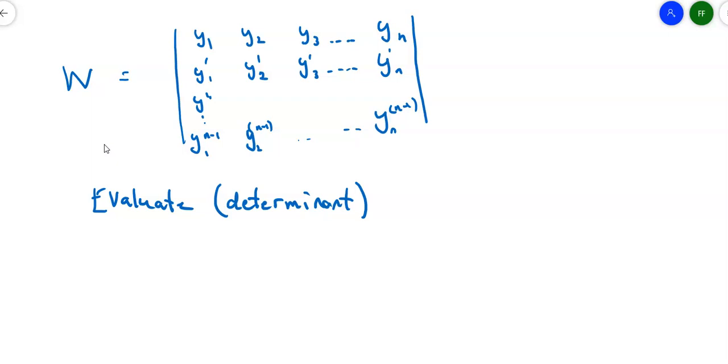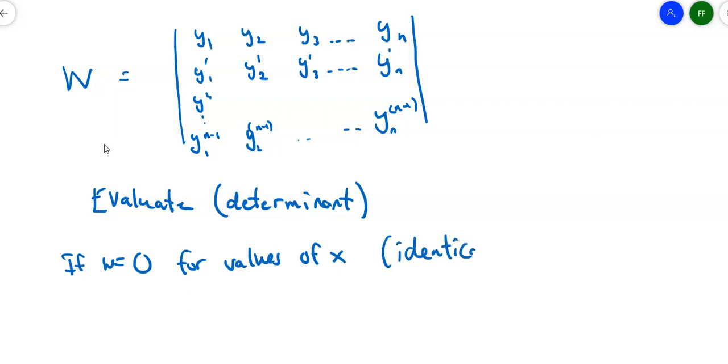Here's the question. Is the Wronskian 0 for all values of x? So if the Wronskian is 0 for all values of x, we have a name for it. We say it is identically equal to 0. Why that language? Because what if the Wronskian comes out to be like 4x squared?